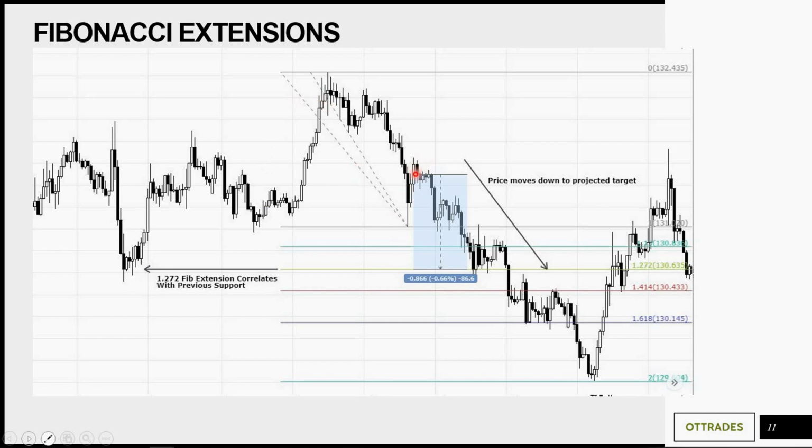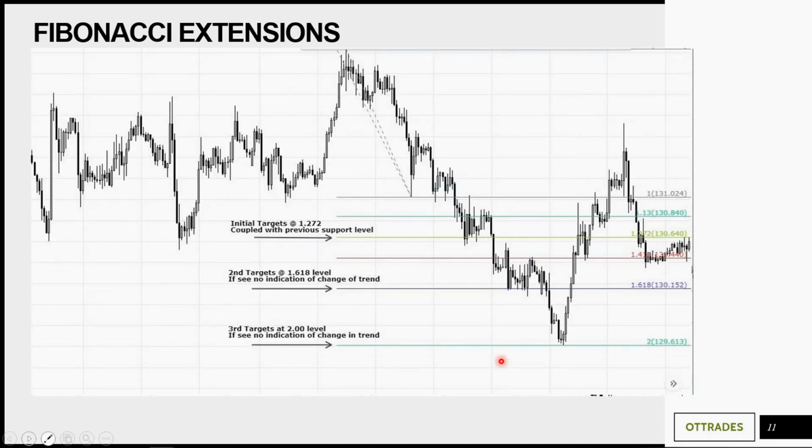So we'd enter the trade short here, and that's an 86.6 pip move down from our entry, which I've just used as the close of this bearish candle, around that point in the 382 zone, down to the 1272 extension level, which correlates with the previous support. So that's what we're looking for as profit targets.